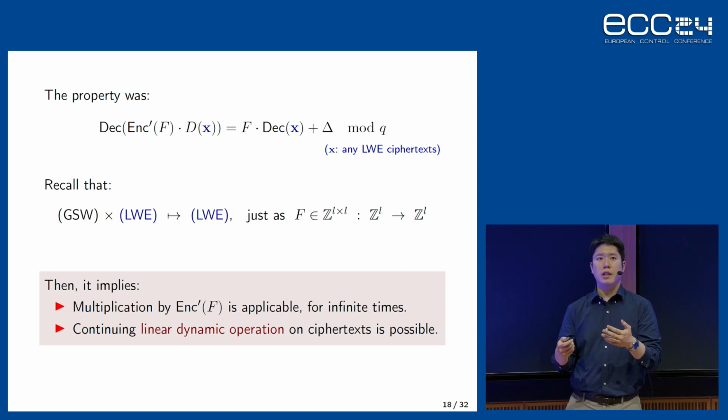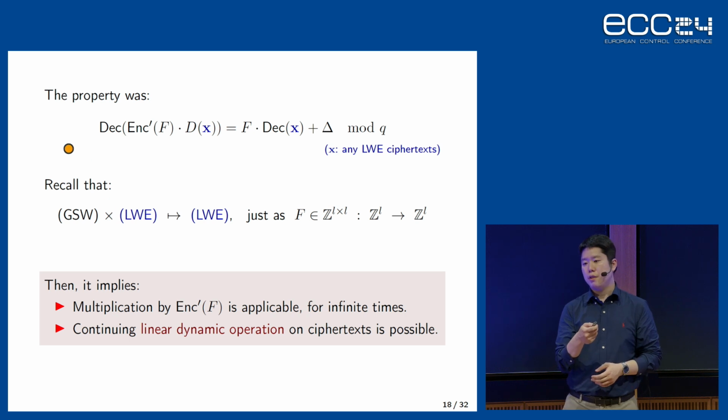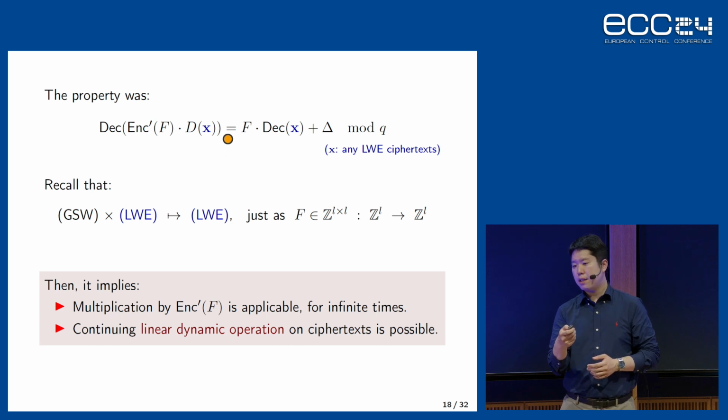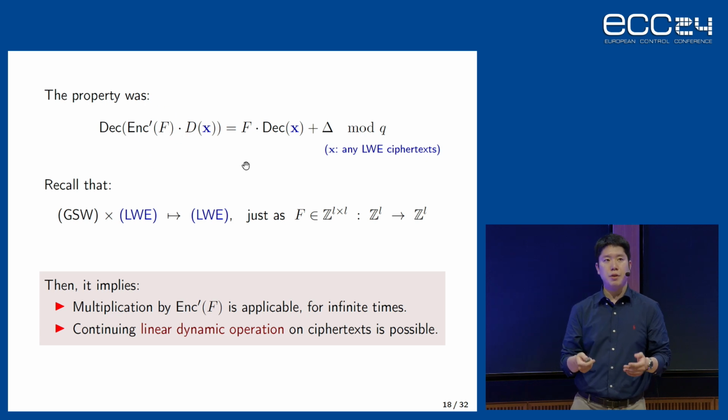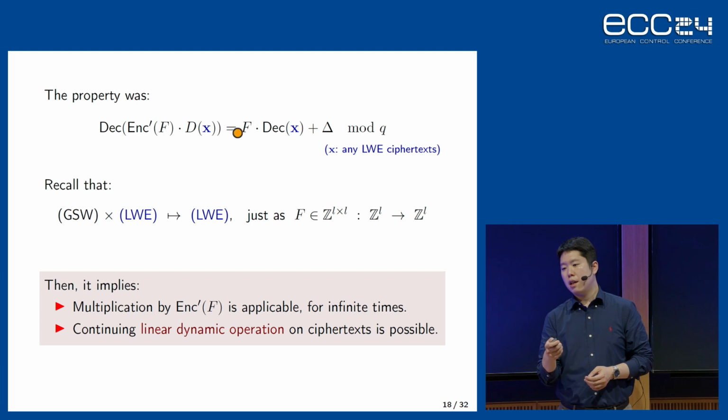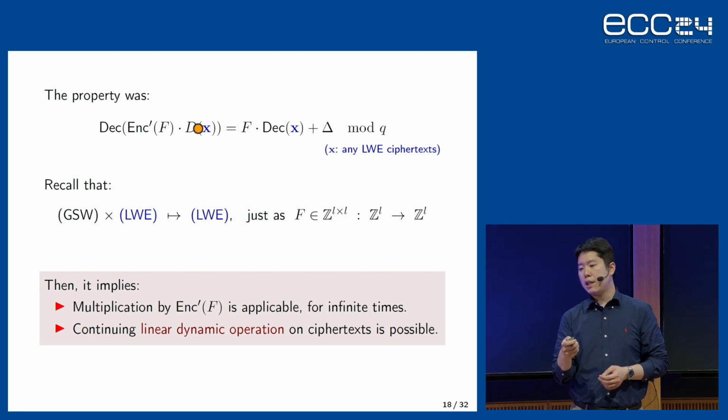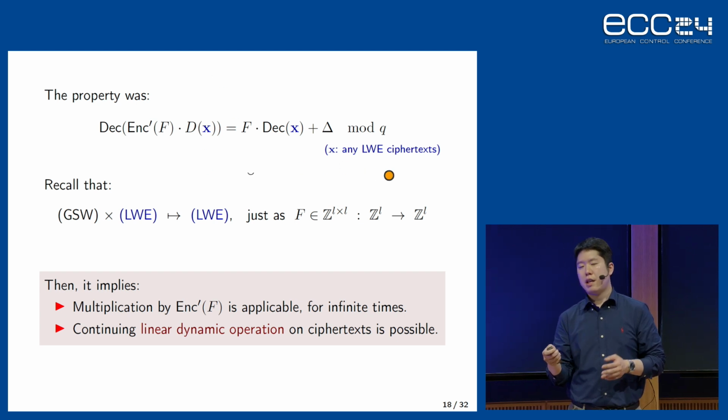This property can be seen in this equation. So this is the same equation where x was an LWE type ciphertext, and here the prime denotes the GSW multiplication. The thing is, the ciphertext x can be any ciphertext.